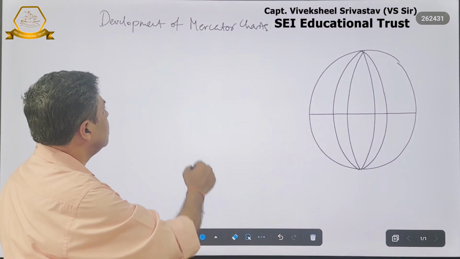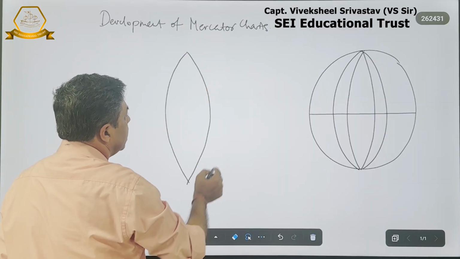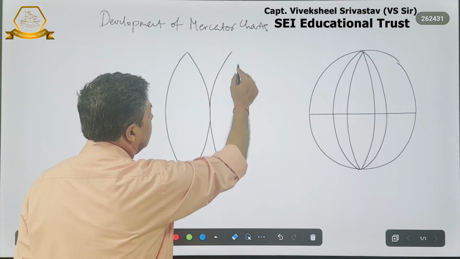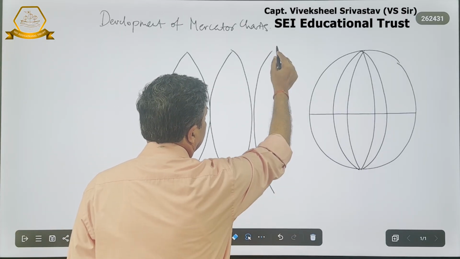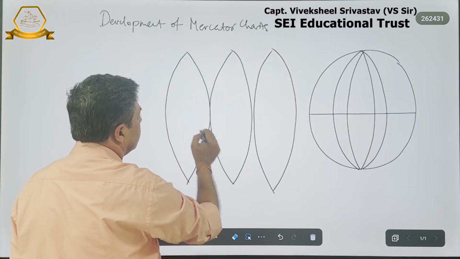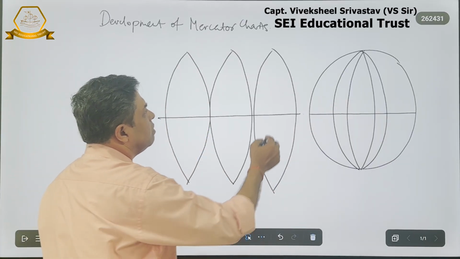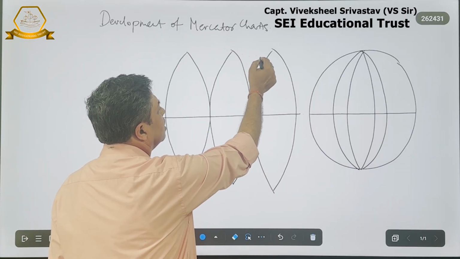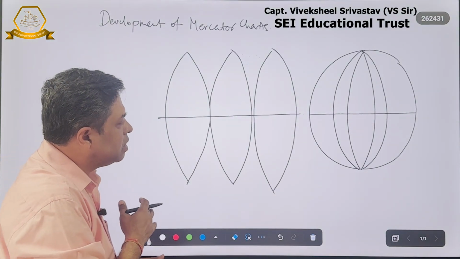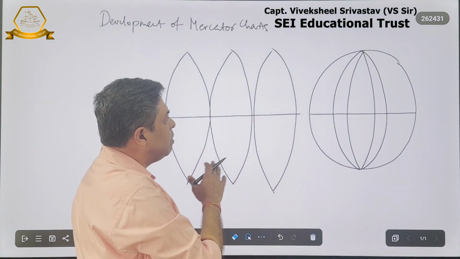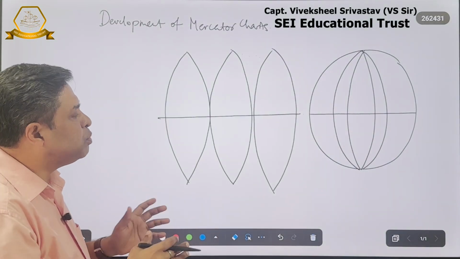Okay, and as we had seen last time, it will come out something like this. Now there are gaps and the chart is not complete, it's not continuous. The continuity is broken in the chart.